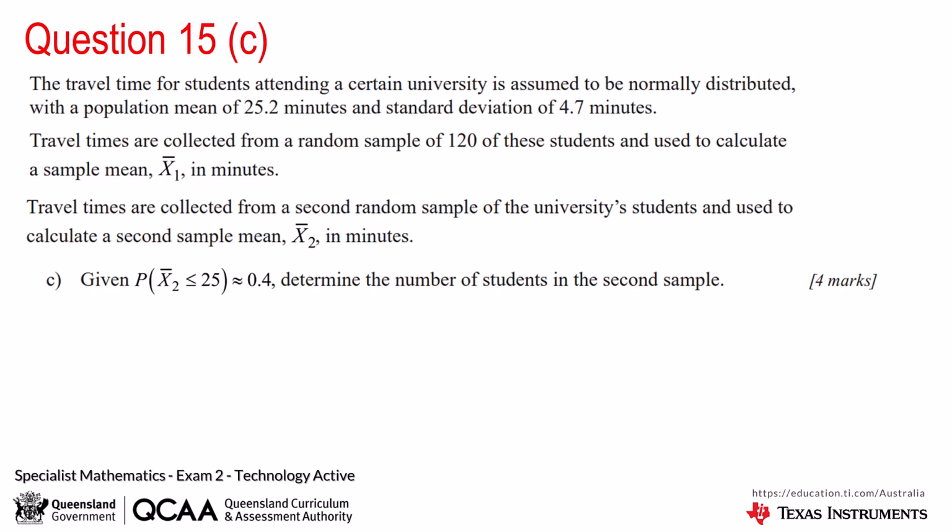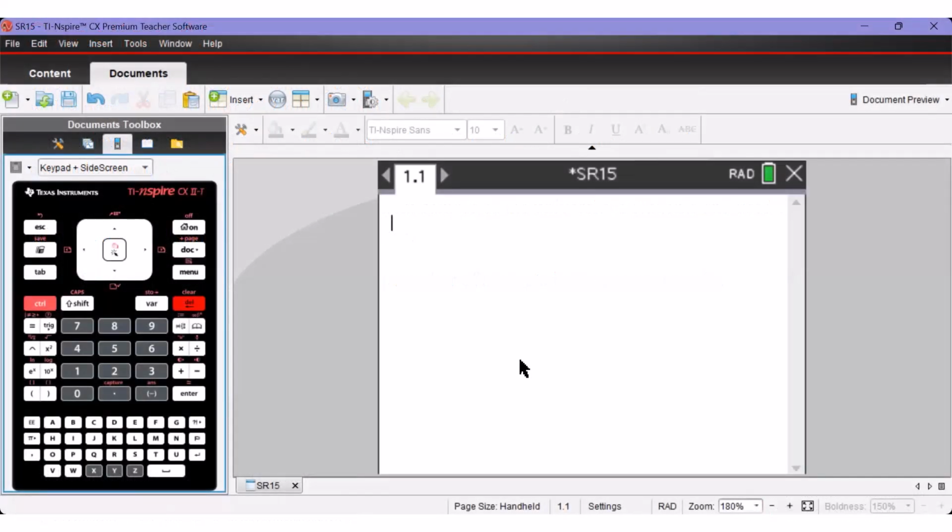We're told that the probability that x2 bar is less than or equal to 25 is approximately equal to 0.4, and given that, we're asked to determine the number of students who took part in that second random sample.